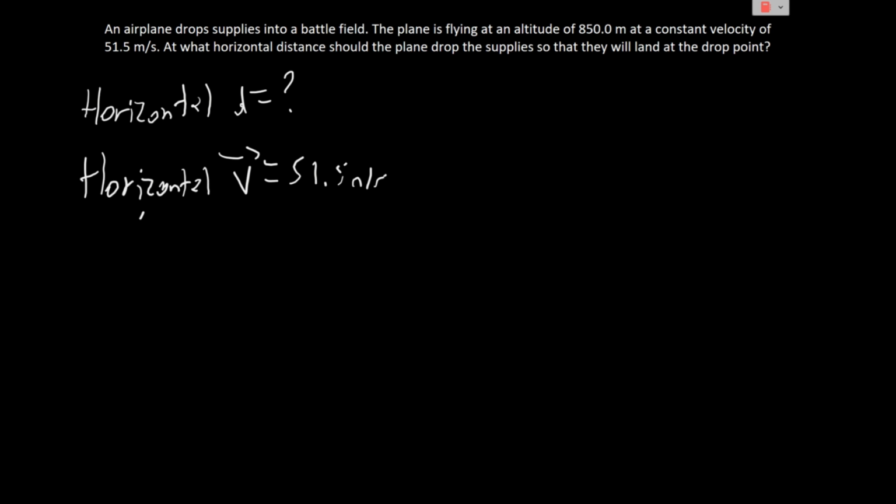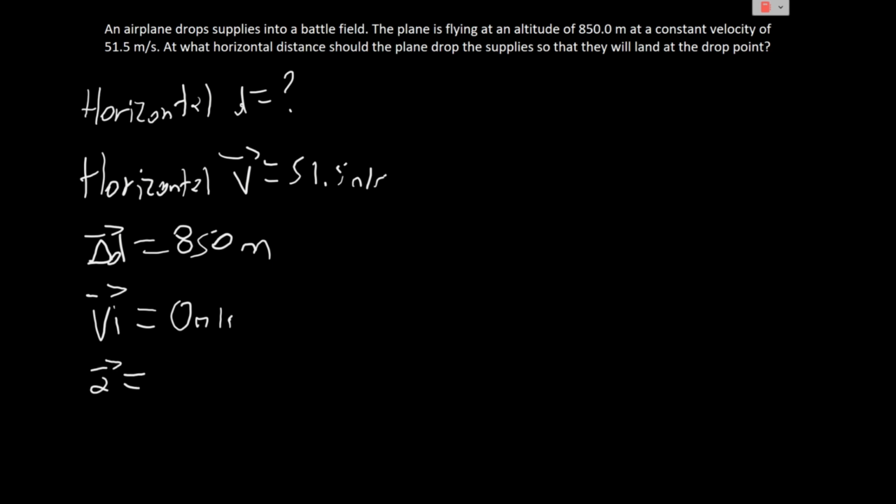So the other things that we are given in this question is that we are flying at an altitude of 850 meters. We also know that our initial velocity, another one of those rules, is 0 meters per second, and that our acceleration is 9.81 meters per second squared. Taking a look at this, it looks like we can solve for time with this equation.